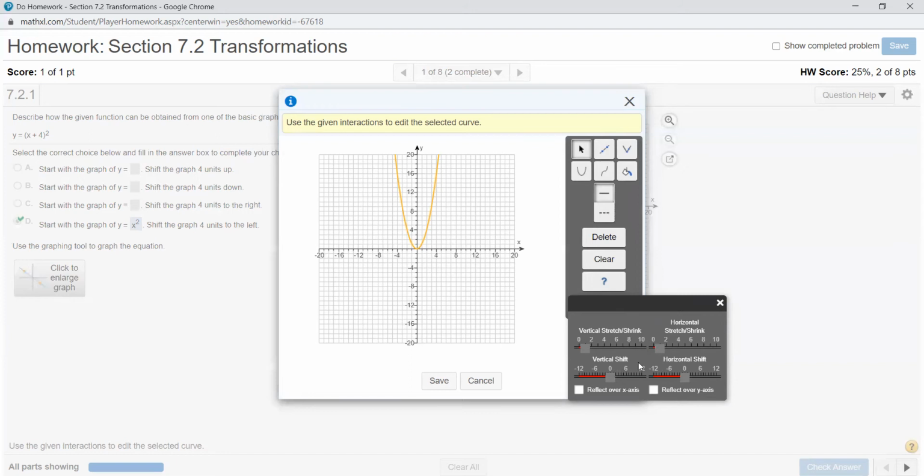It's all shifting in this section. So these bottom 2. And it's a horizontal shift to the left 4. So watch what happens when I move this box. You'll see that yellow parabola moving. So I'm moving it to the left 4, to -4. And hit enter or save.